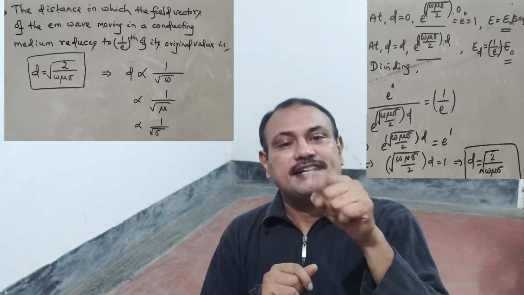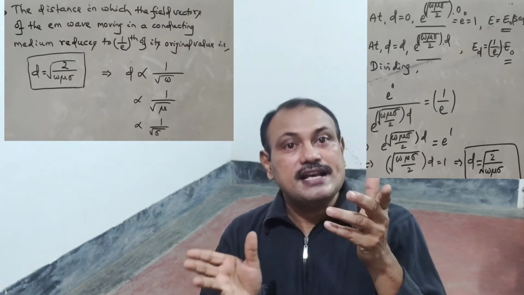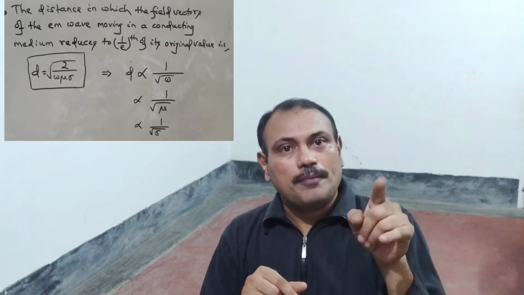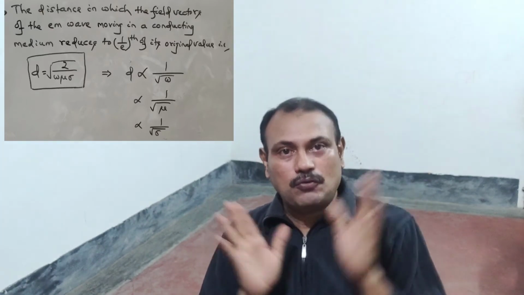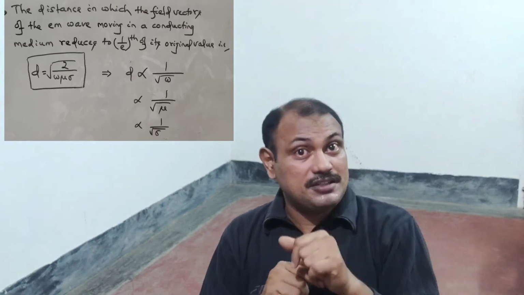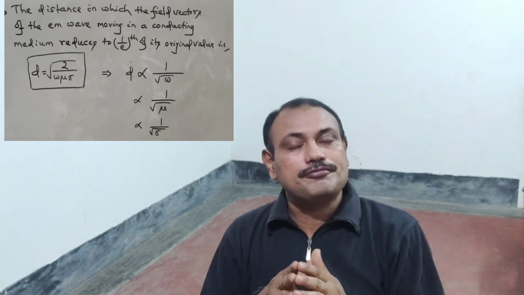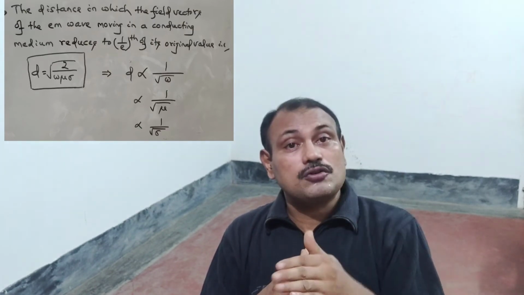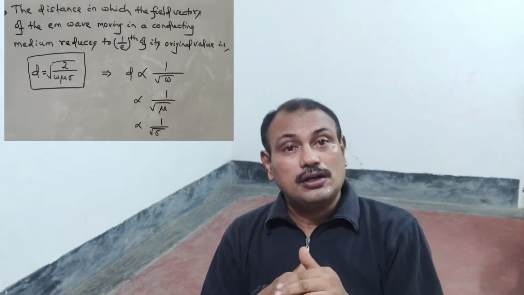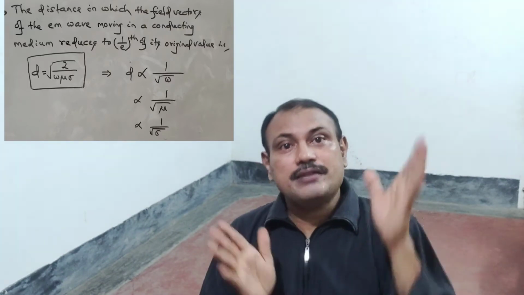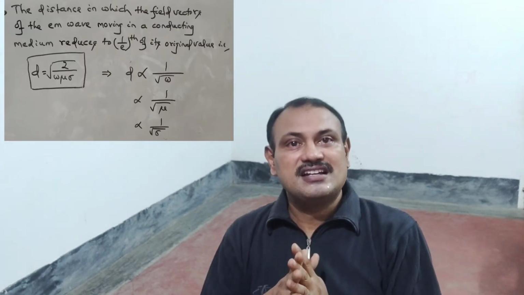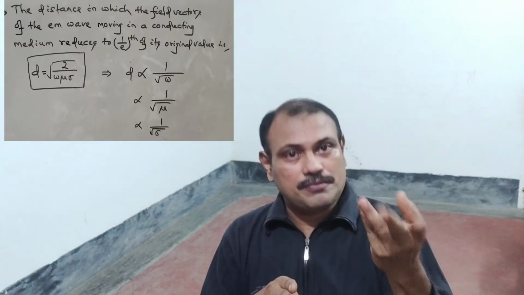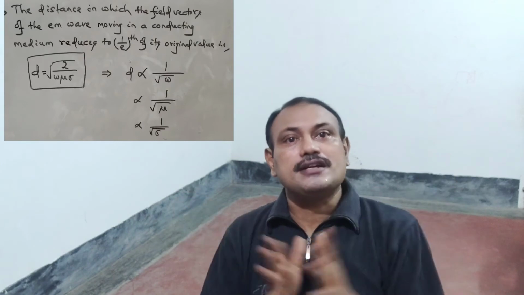Accordingly, we can define the skin depth d equal to square root of 2 upon omega sigma mu. So obviously the skin depth is inversely proportional to the square root of the frequency of the electromagnetic wave. It is also inversely proportional to the square root of the magnetic permeability of the medium, and again inversely proportional to the square root of the conductivity of the medium.